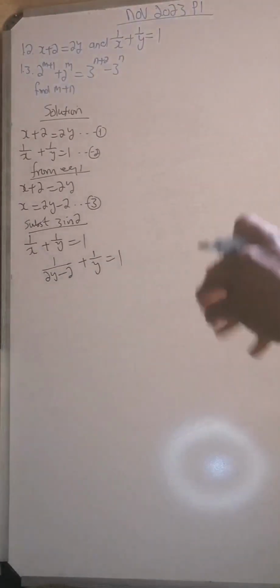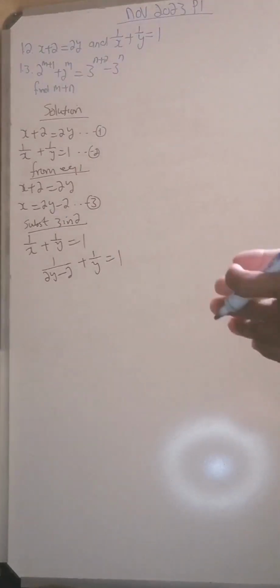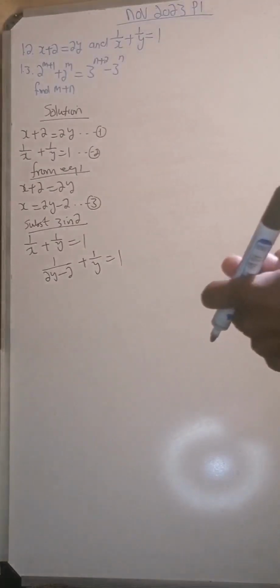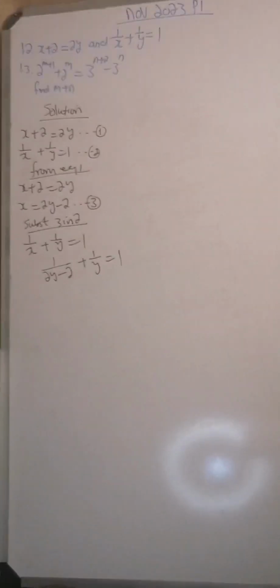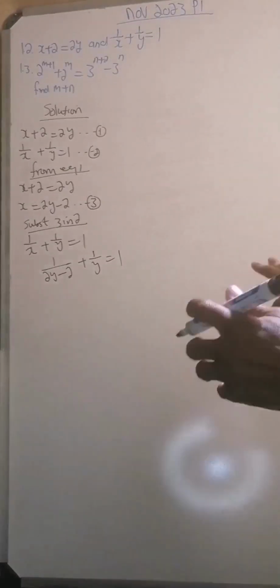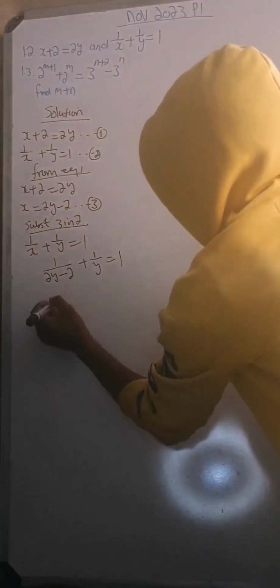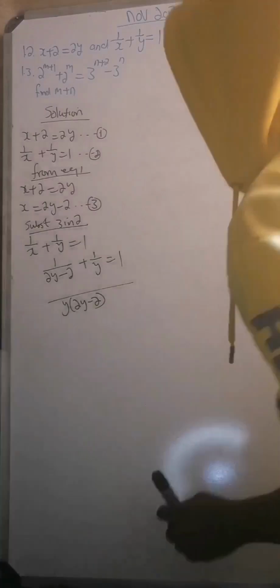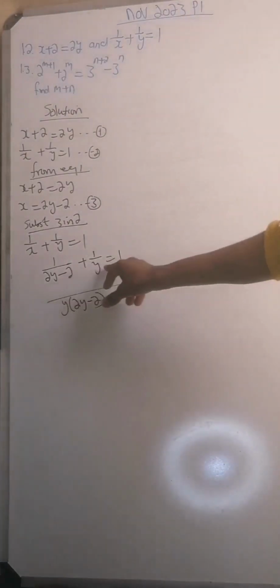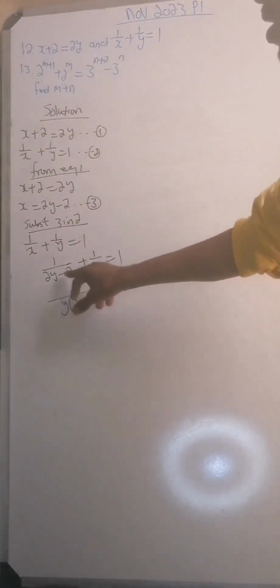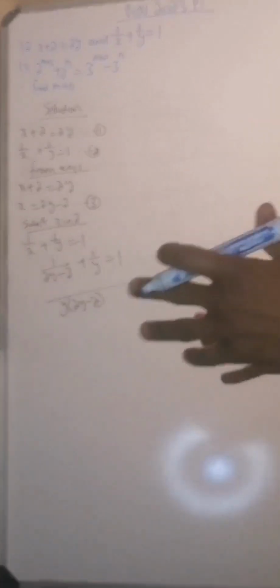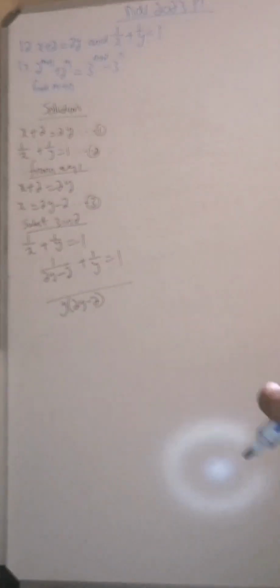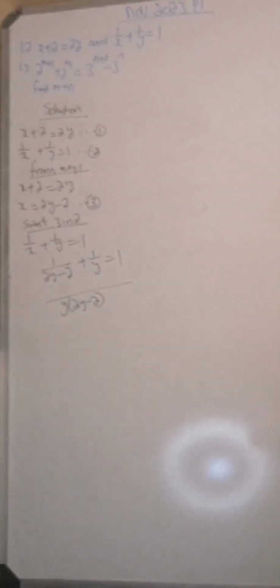Right. From here, whenever I have a fraction and a fraction separated with addition, I need to take out an LCD, the lowest common denominator. So that would be y into 2y minus 2, because on my denominators I have these two, showing that they need to multiply one another, because that's exactly what we do when we have fractions.